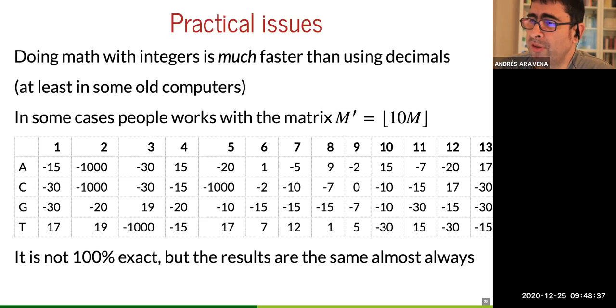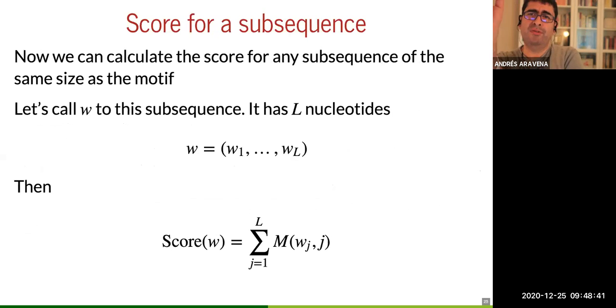So how do we score things? First, just for a small case, let's say that you have a small sequence that I call W because I'm thinking of a word. Just the same size as the motif. So here, for example, we have 14 columns.